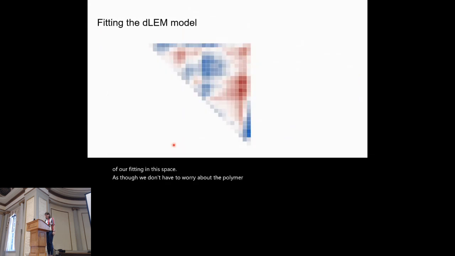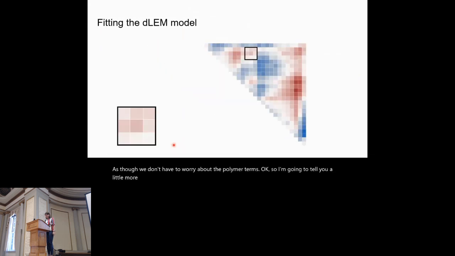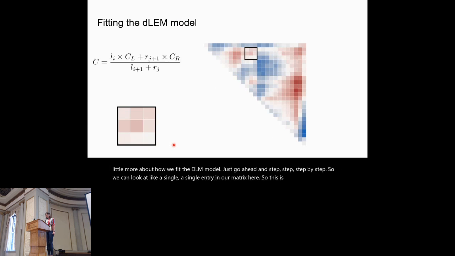Okay, now I'm going to tell you a little more about how we fit the DLM model, going step by step. We can look at a single entry in our matrix here. This is our formula for how we get the value of that entry in terms of our parameters. This is the entry we're looking at.